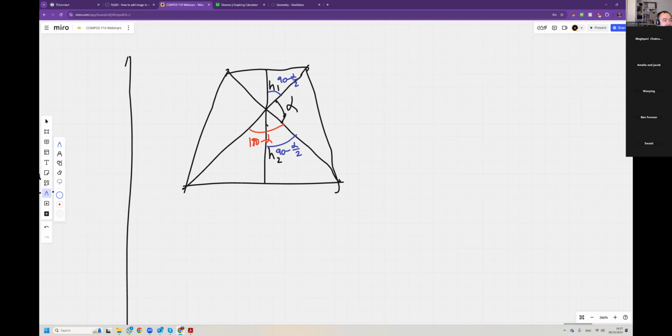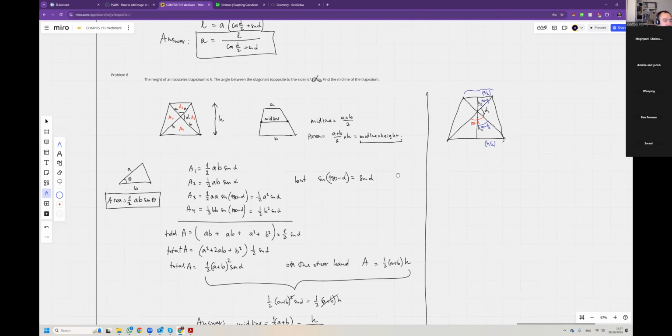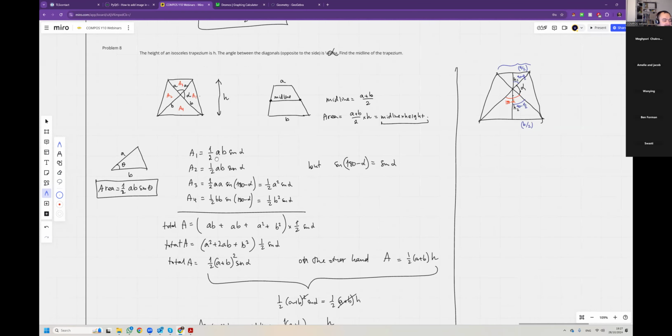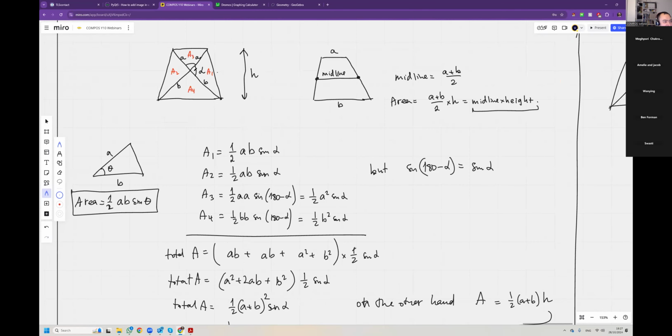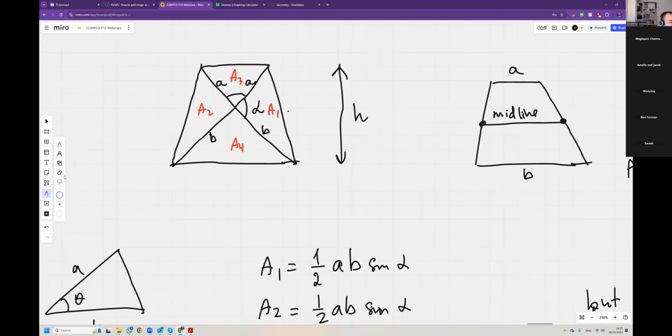And the base of this side is A, so this is A over 2. And this is B over 2. Oh, I'm sorry, I've made a mess here because I've used the same letters for A and B. A and B mean different things. Ooh, I am in trouble. Okay, I'm sorry.